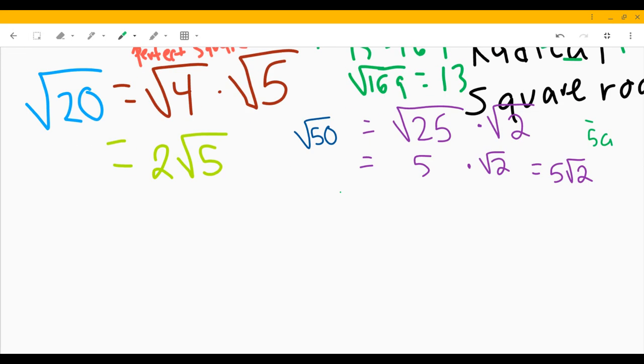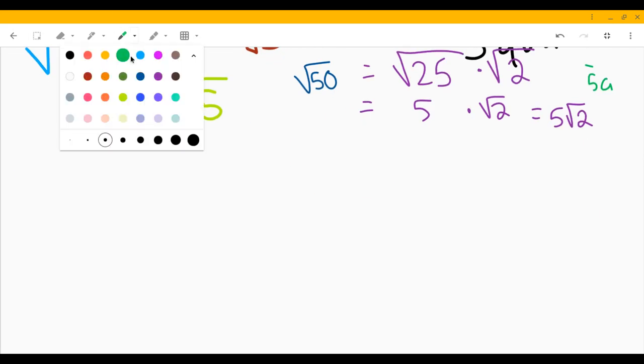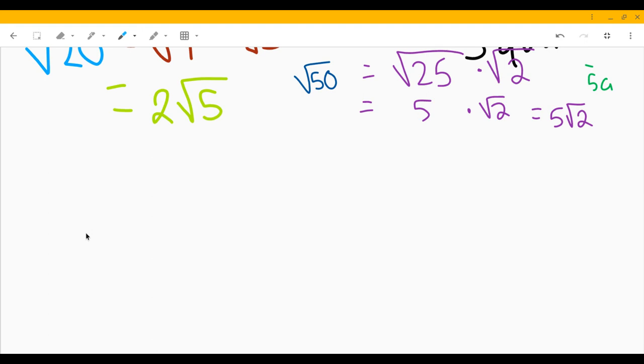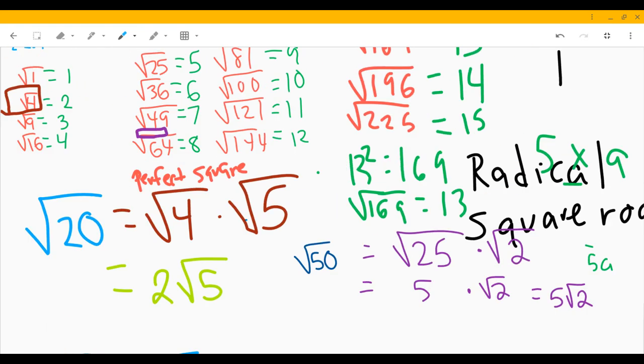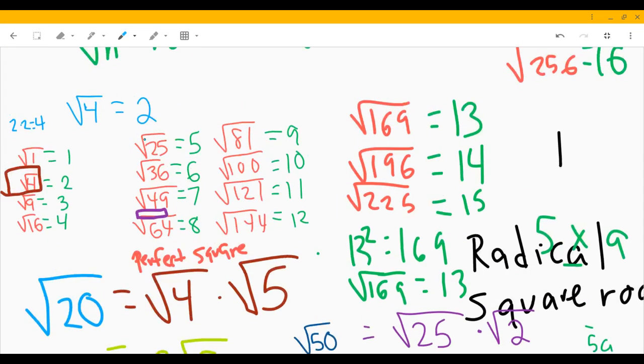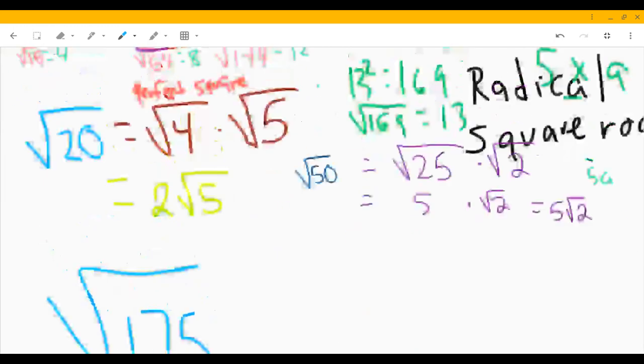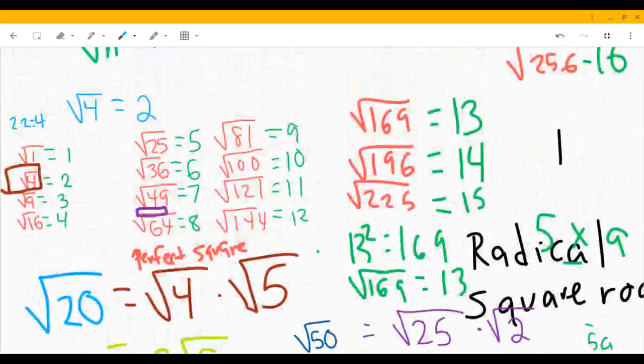So let's do one more. Let's do a larger number. Let's do the square root of 175. I need to figure out which of these perfect square numbers is a factor of 175.